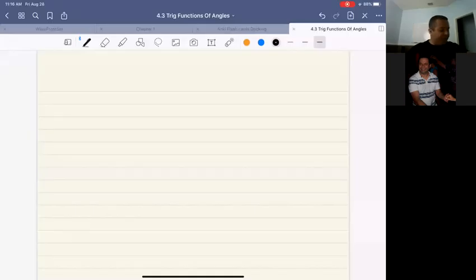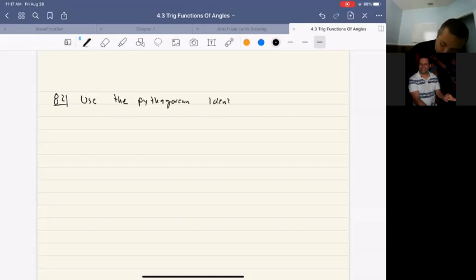All right, next and last problem is number 82. It says, use the Pythagorean identities to find the exact value.